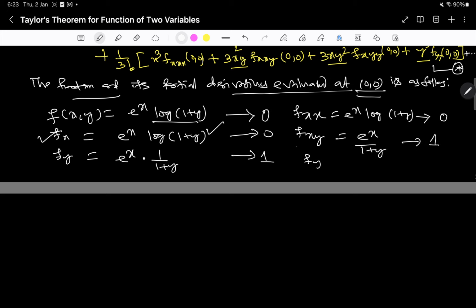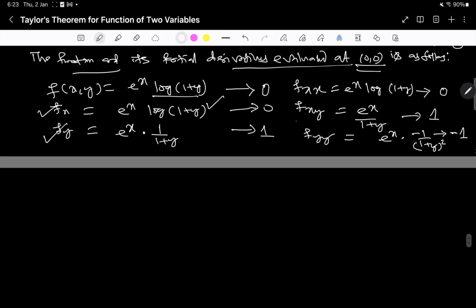Then what is fyy? You find it is e^x times 1/(1+y) minus 1/(1+y) whole square, and at the point (0,0) it is minus 1.